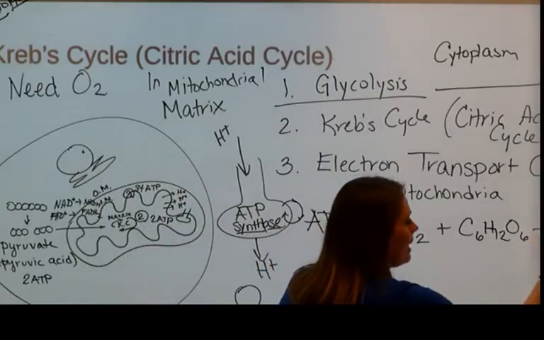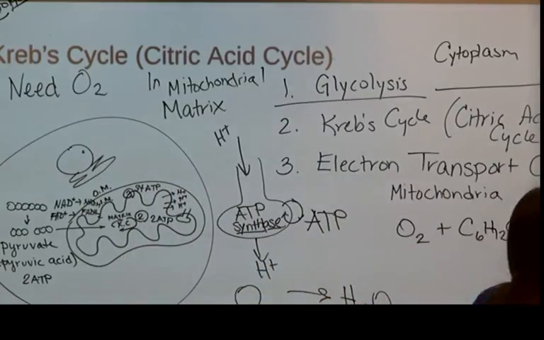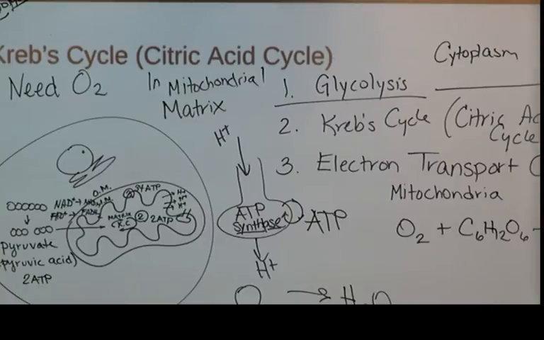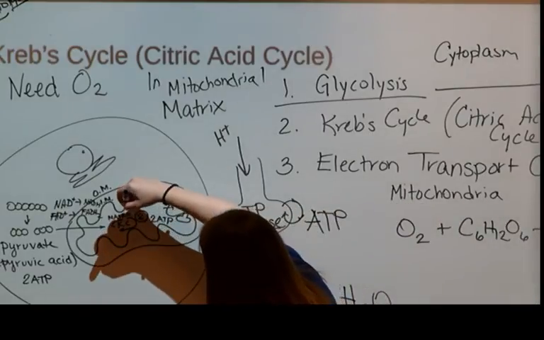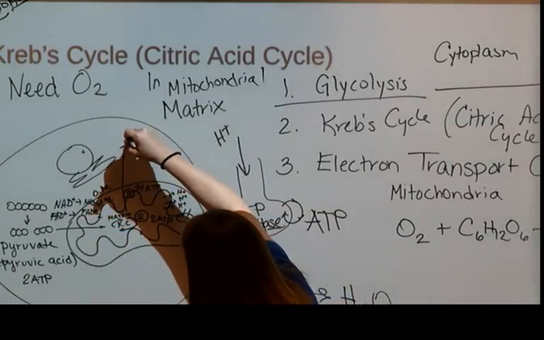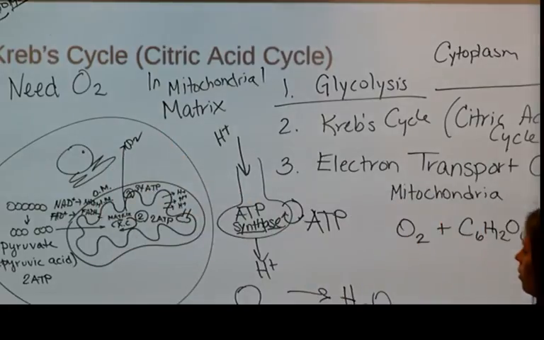And we're going to give off at the end water, right? And we're going to give off carbon dioxide. That's mainly given off during the Krebs cycle. I should have drawn that. And our ATP.